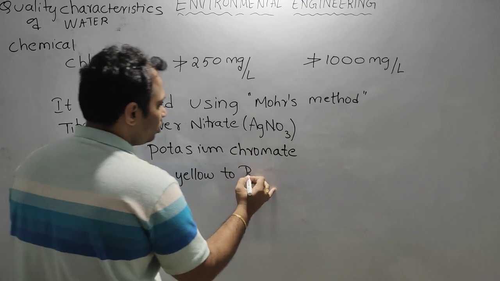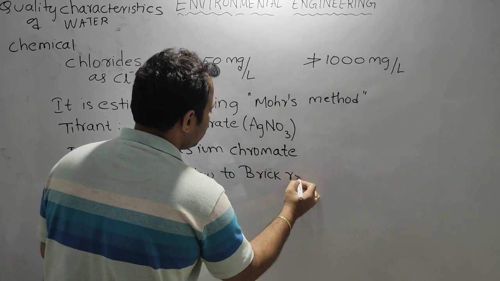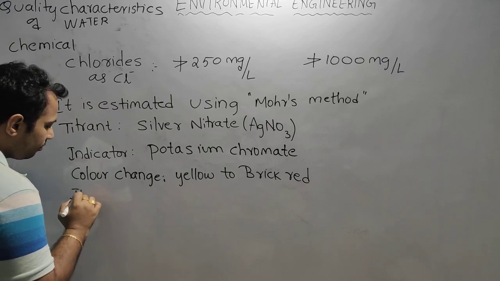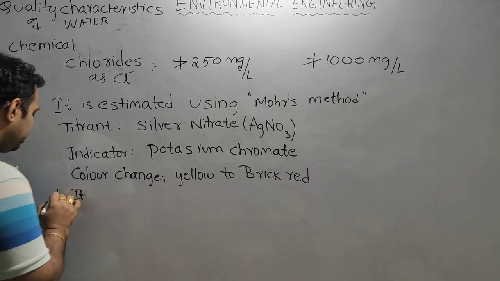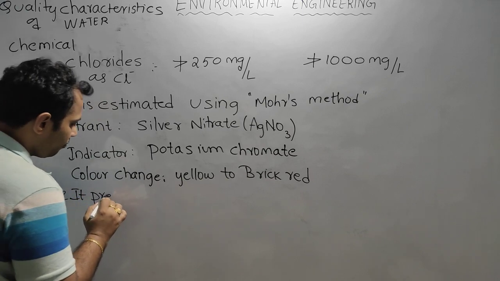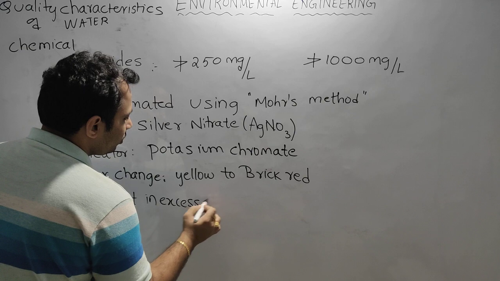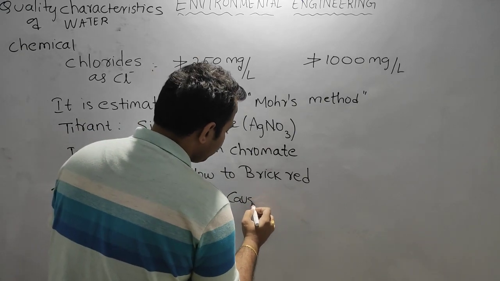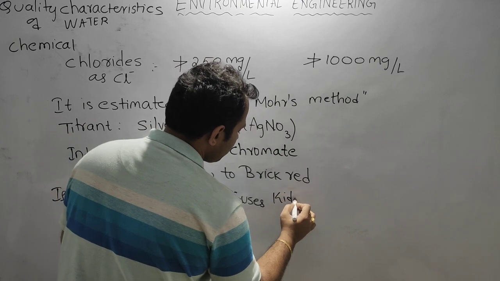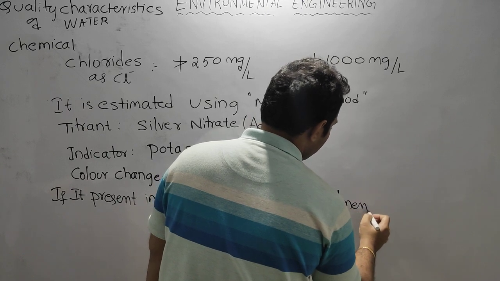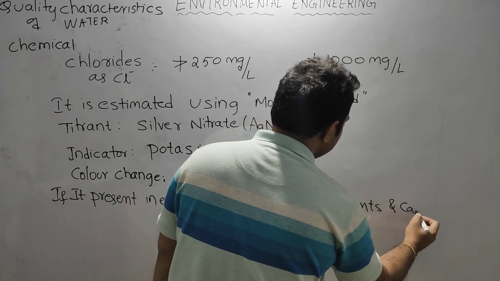Yellow to brick red, this is the color change. If chloride is more than the specified limit, it causes kidney ailments. If present in excess, it causes cardiac problems.